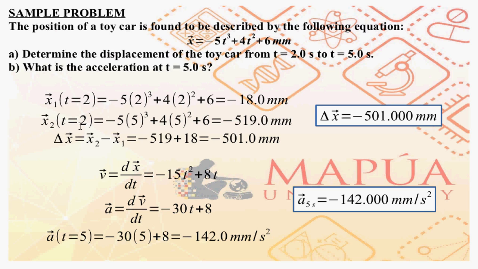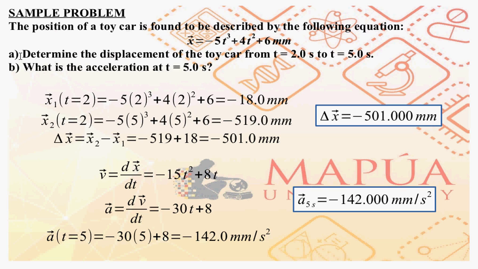Some other problems might give you an equation for velocity or an equation for acceleration. Depending on what is being asked, you might either have to differentiate or integrate the equation provided. So let's go to the first part.